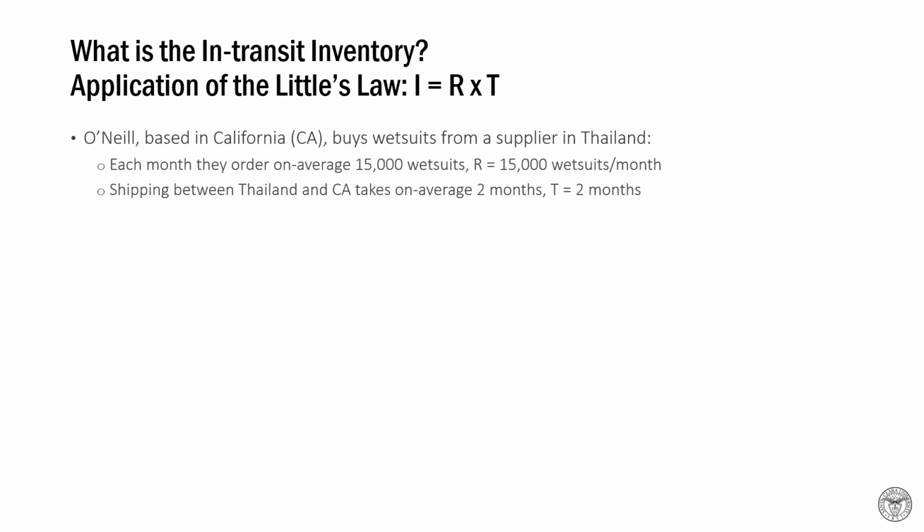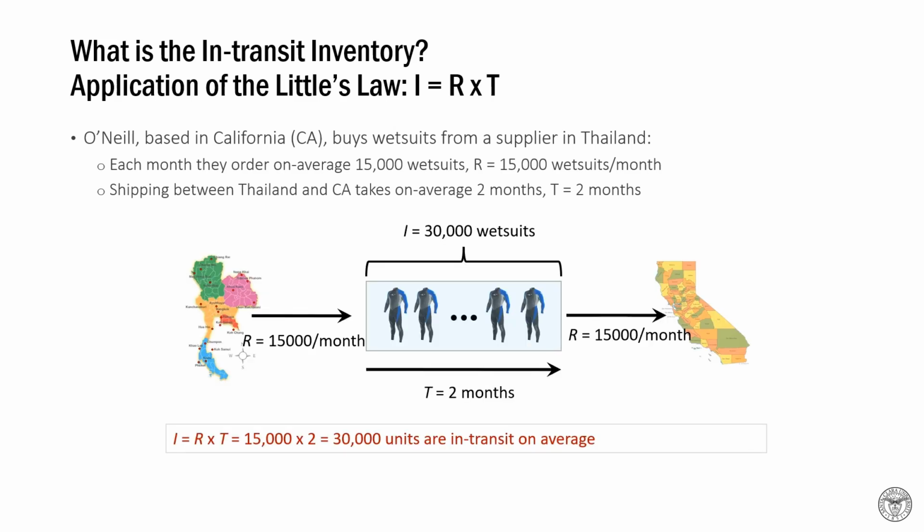They order an average of 15,000 white shoes per month, and the shipping time from Thailand to California is approximately 2 months, T. By applying Little's law, we can calculate the average in-transit inventory, I, as I equals R times T equals 15,000 white shoes per month times 2 months equals 30,000 units.